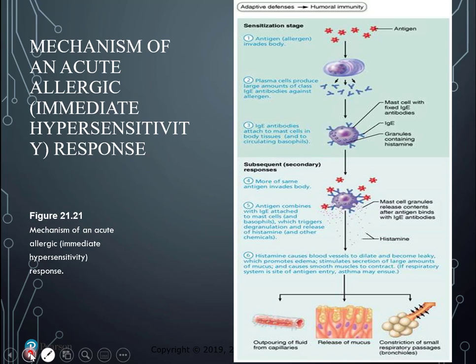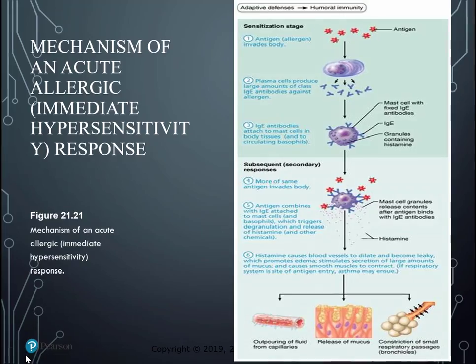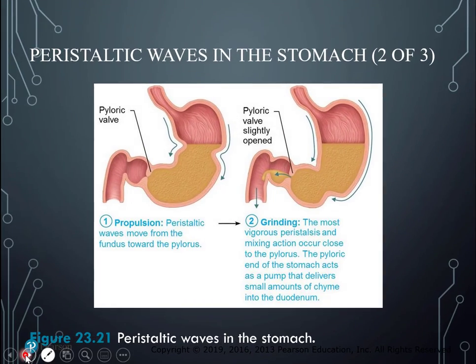All right, so right here is pretty much part of the humoral activity that is discussing a mechanism of acute allergic and hypersensitive response.